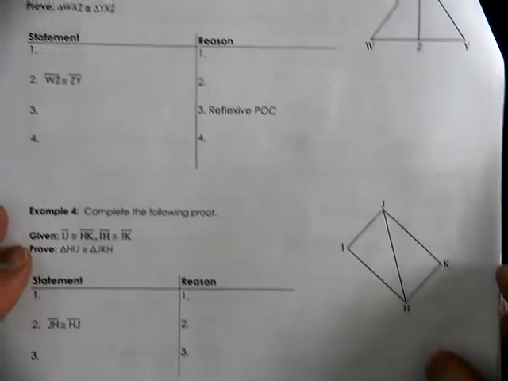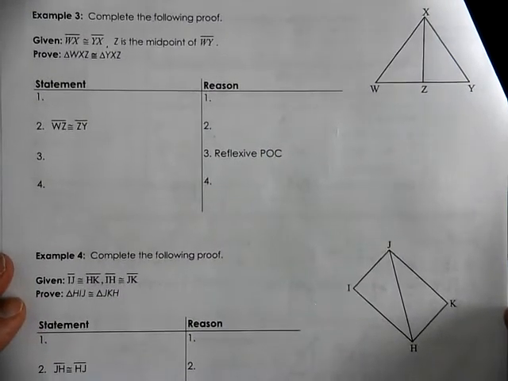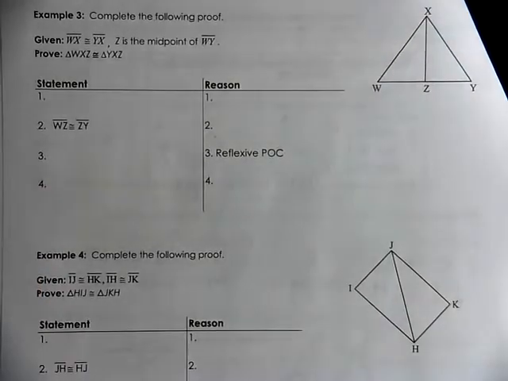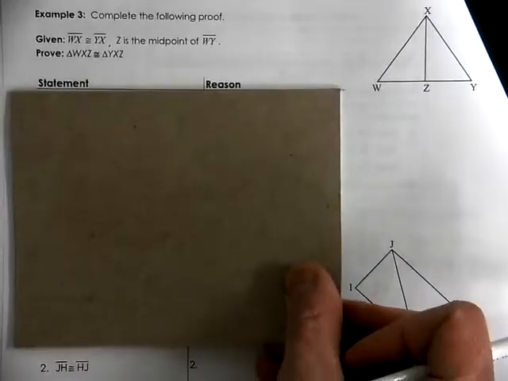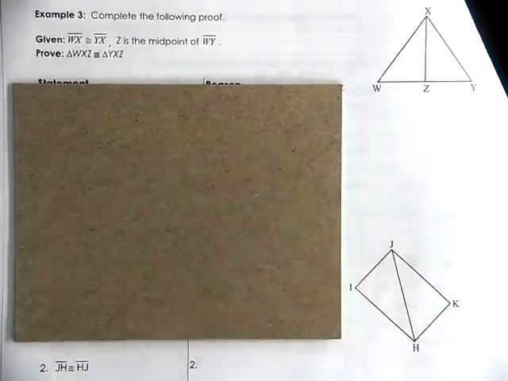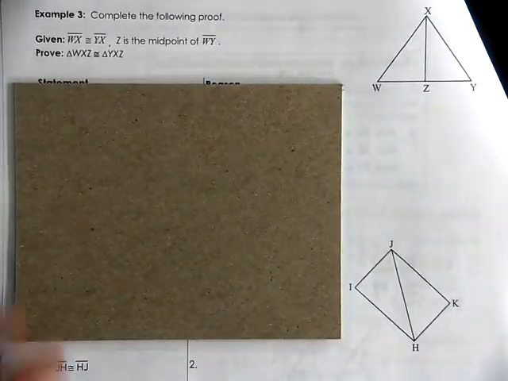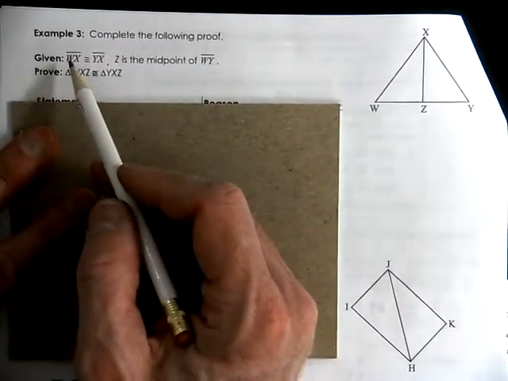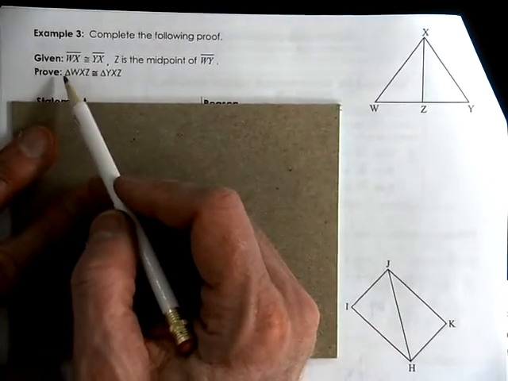What would this look like in a 2-column proof? Remember, when we do these proofs, we don't want to pay too much attention to the 2 columns yet. We want to convince ourselves by looking at the given information and what we're trying to prove.